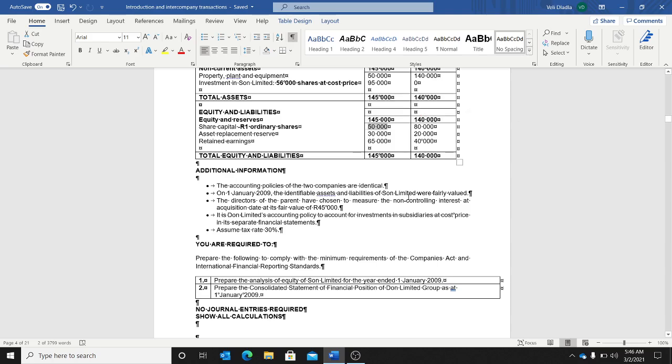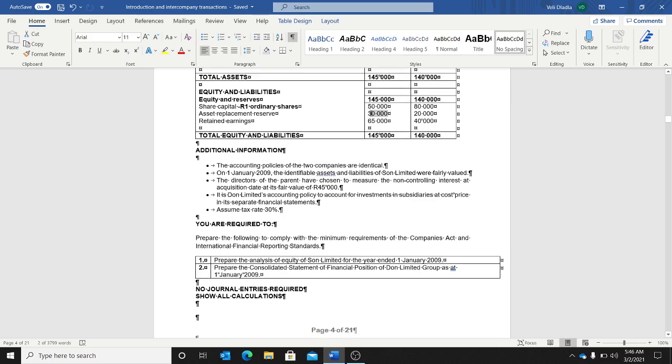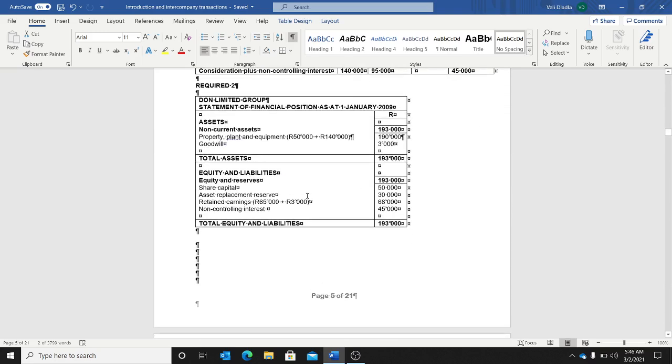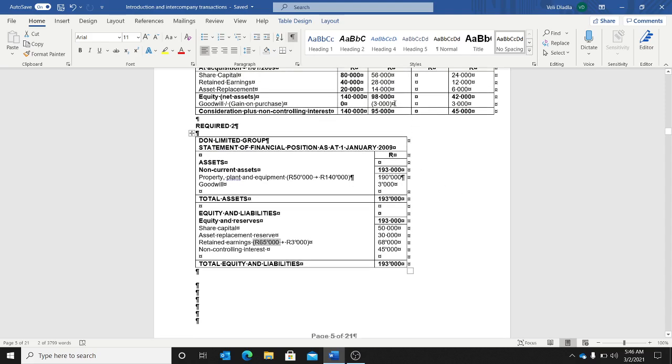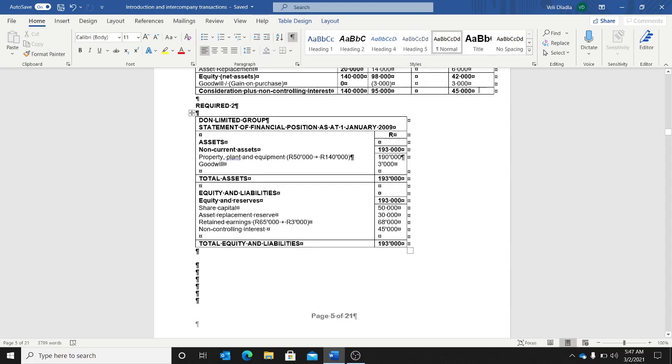In this case, you'll put the 30, then the 65, which is this one here, plus the gain. Remember, I always say the gain will form part of the opening retained earnings, which is this one, the gain on bargain purchase. That gives you the 68. Then your non-controlling interest, which is this one. Here it is.